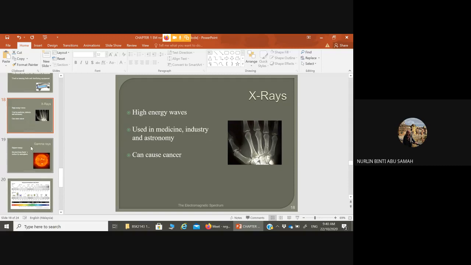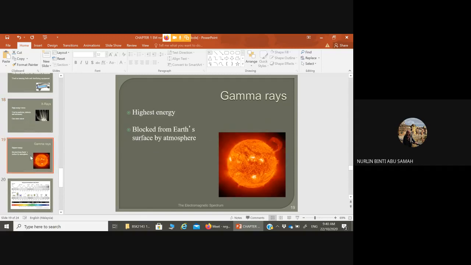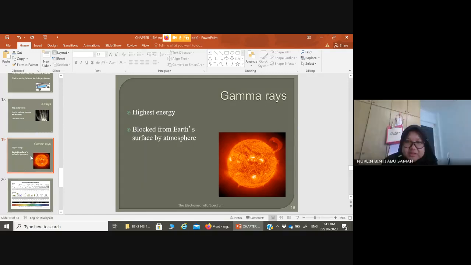The last one is what we call the gamma ray. This is a very high energy part of the electromagnetic spectrum. This kind of gamma ray is, for instance, like the energy from the sun.